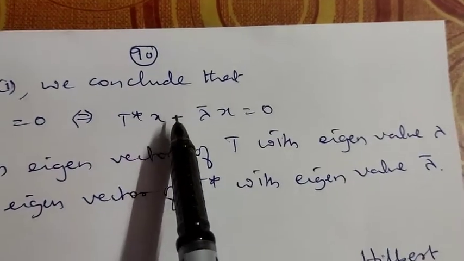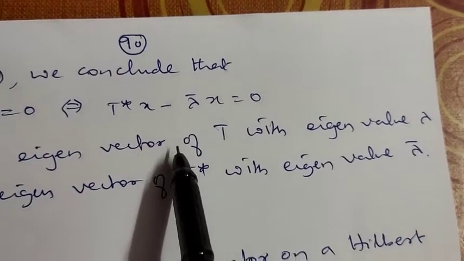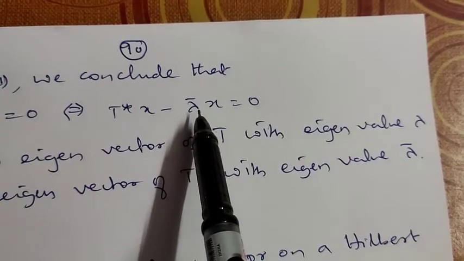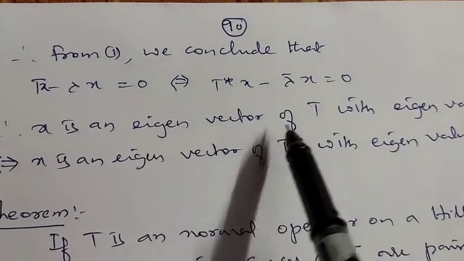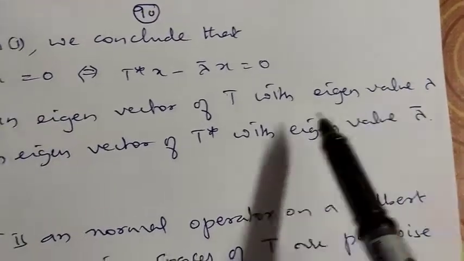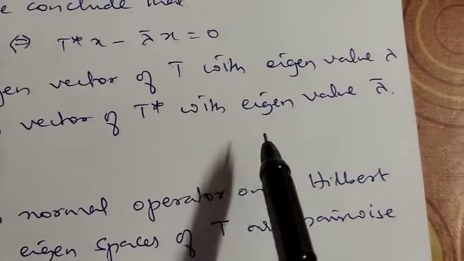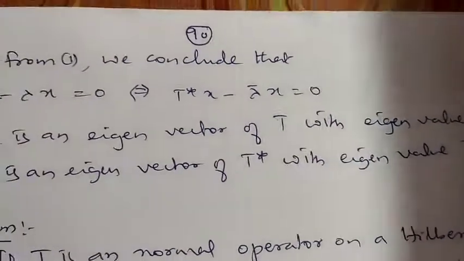And T star of x minus lambda bar x is 0 means x is an eigenvector of T star with eigenvalue lambda bar. Thus x is an eigenvector of T with eigenvalue lambda if and only if x is an eigenvector of T star with eigenvalue lambda bar. Okay. So this is one result.